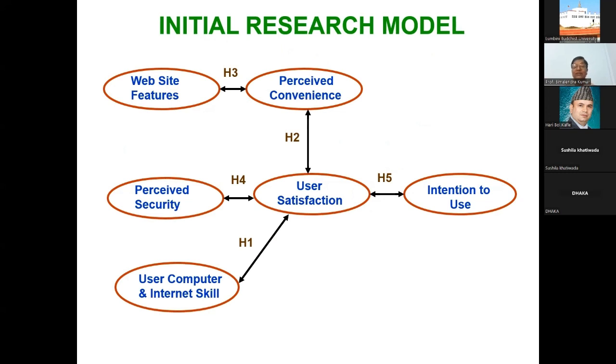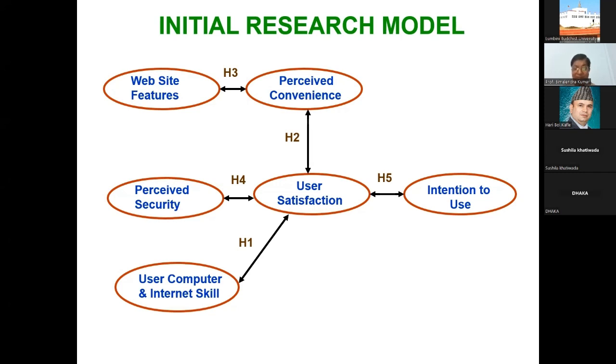So this is how initial research is made, if you see how e-services are being undertaken by research scholars. If you go through H1, it is about user computer and internet skill. Then H2, this is related with user satisfaction. Then there are perceived conveniences through the website features.